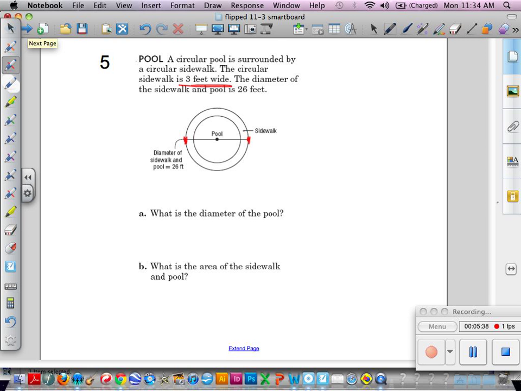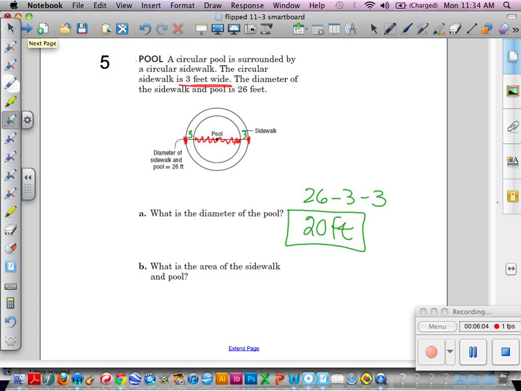What's the diameter of the pool? So they're asking me in A just to find this piece right here. Well, the sidewalk is 3 and the sidewalk is 3. So I'm going to take 26 minus the sidewalk on one side and minus the sidewalk on the other side. So the diameter of that pool ends up being 20 feet.